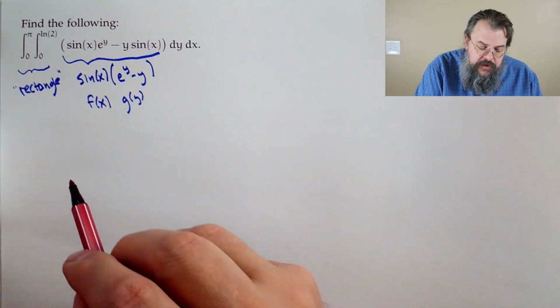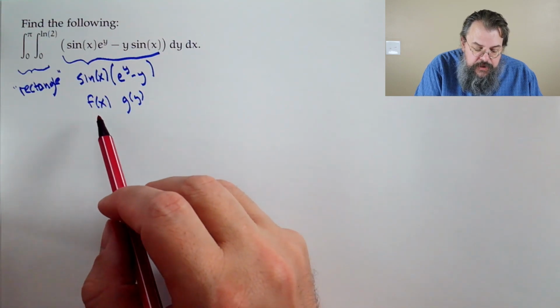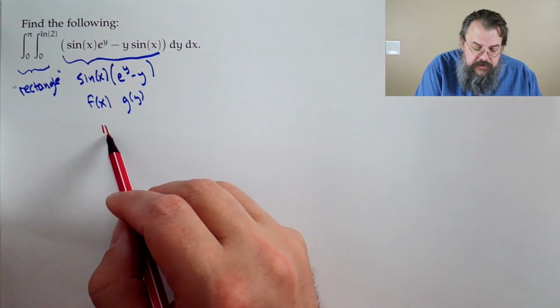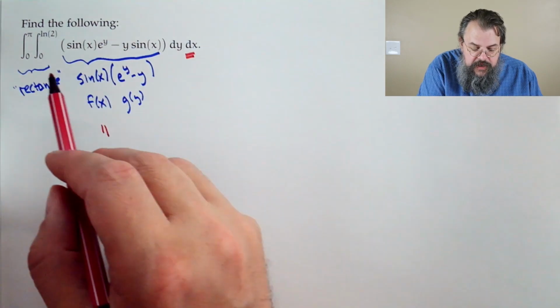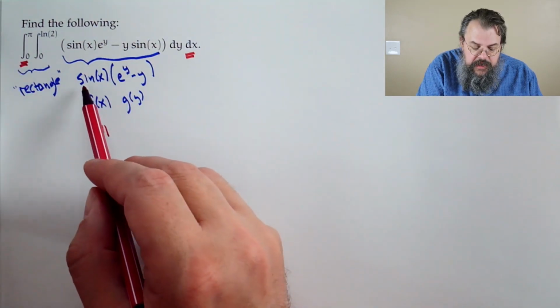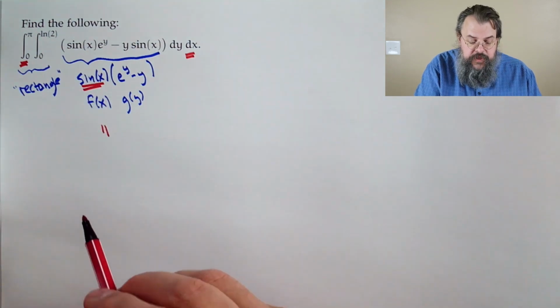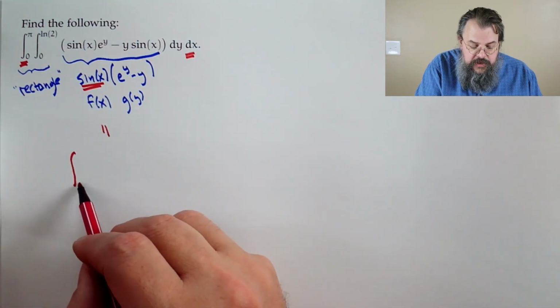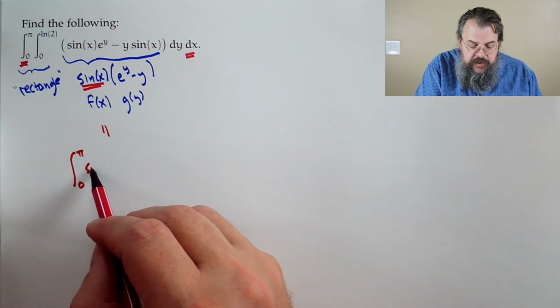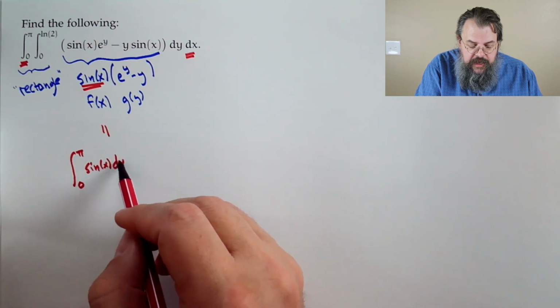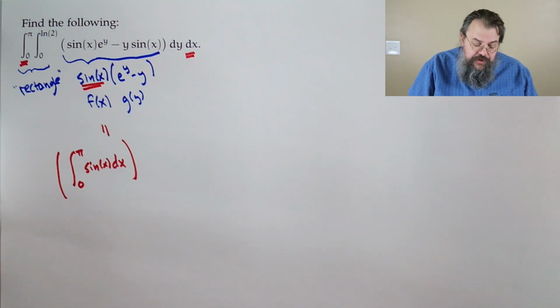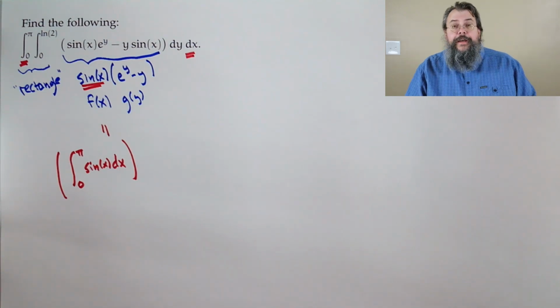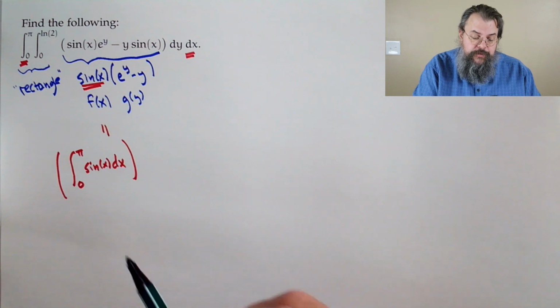You can pull part of the integral that involves x into one thing. So what's the part of the integral that involves x? There's the dx, that's attached to the integral from 0 to pi, and that's attached to the sine of x. So integral 0 to pi of sine of x dx. And then, simultaneously, you grab all the integral that's with respect to y.